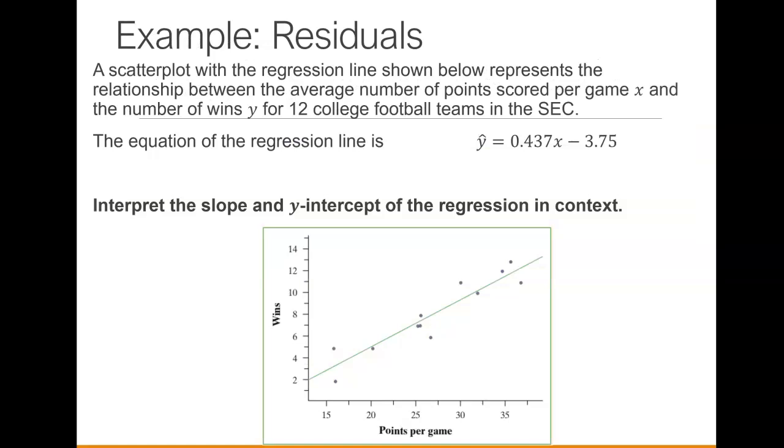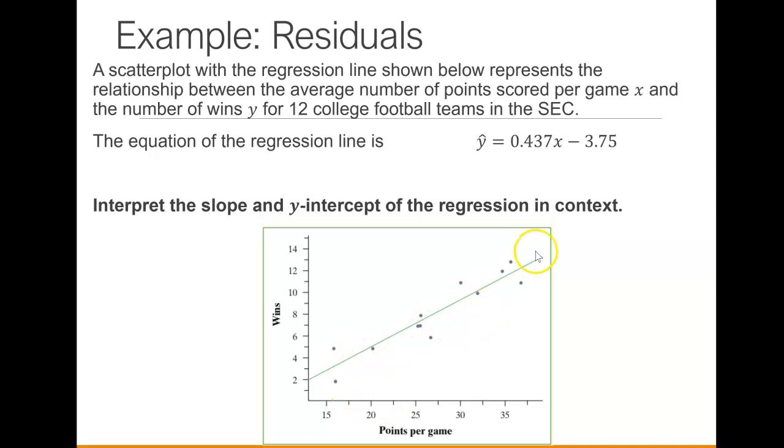So let's say that we have the scatter plot shown below, which represents the relationship between the average number of points scored per game, that's our x value, and the number of wins, that's our y value, for 12 college football teams in the SEC.